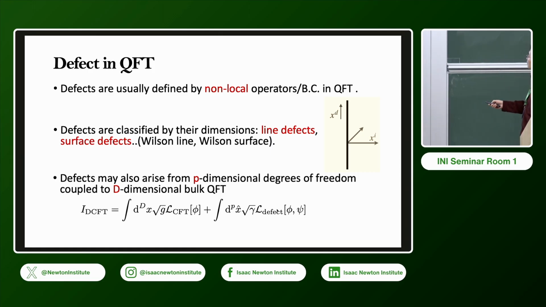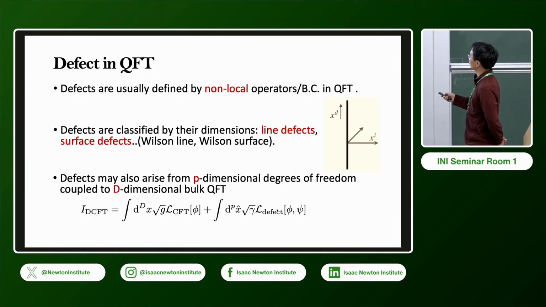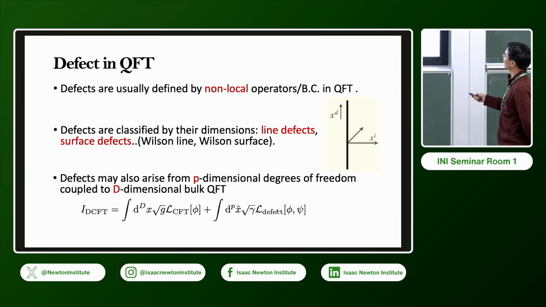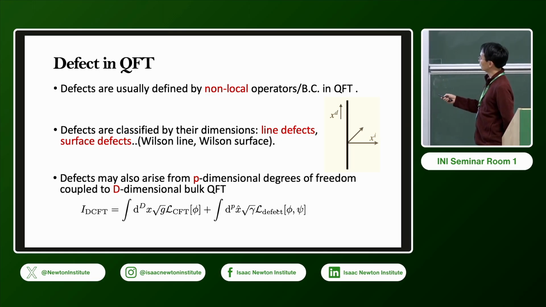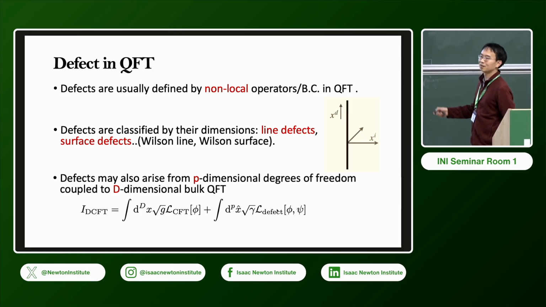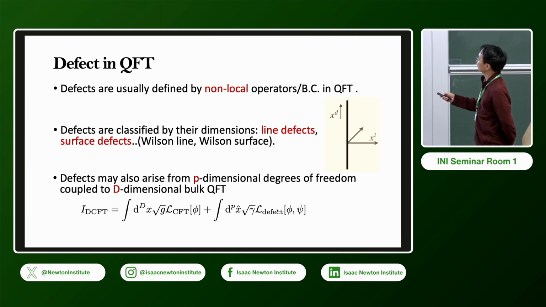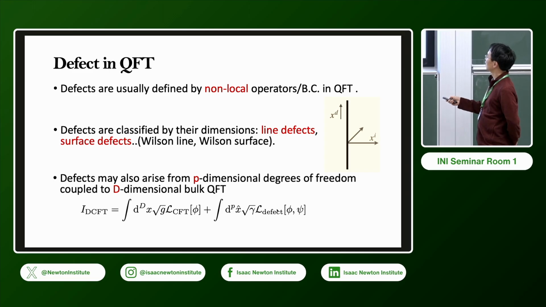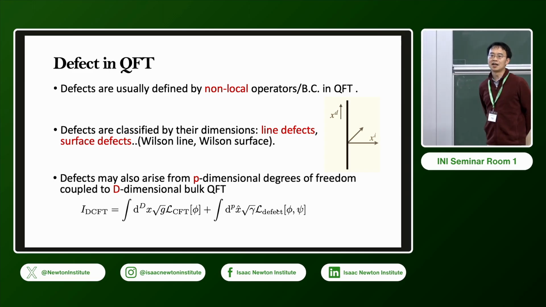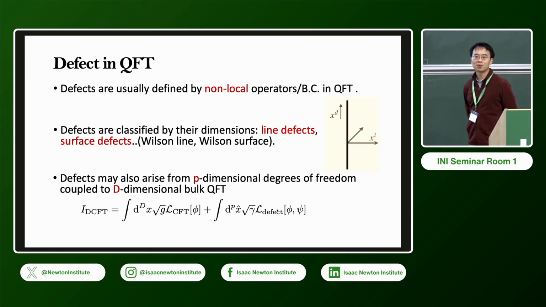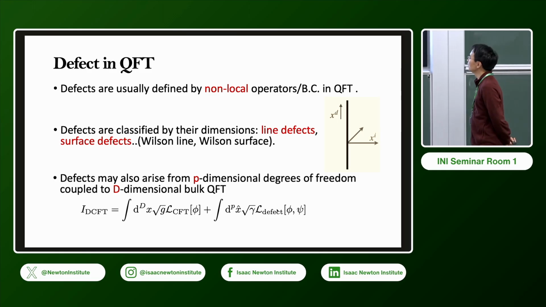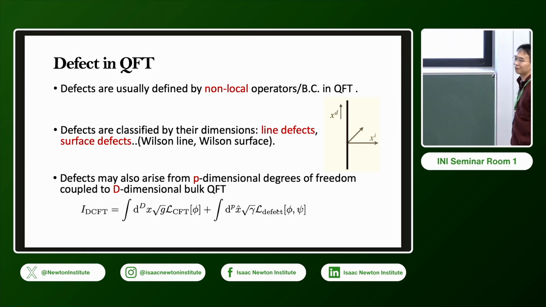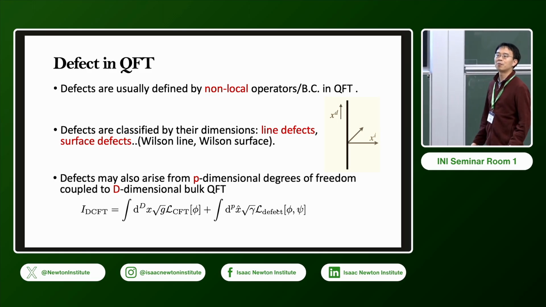For instance, in this Lagrangian, I use psi to denote the defect degrees of freedom. They couple with the bulk field, which is phi. For example, in gauge theory, a Wilson line can be written in this way. You can imagine there are internal fermions staying on this line. They couple with the bulk gauge field. After you integrate out these internal fermions, you recover the Wilson line operator.